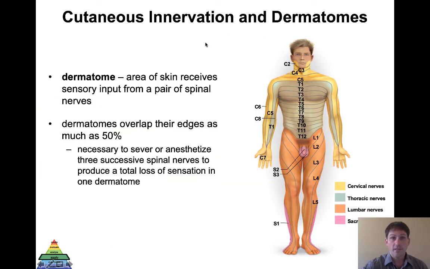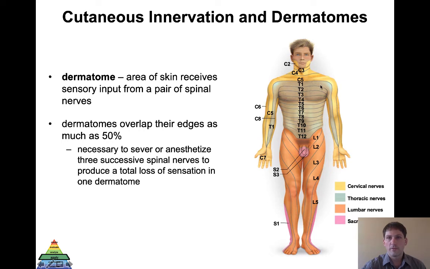Now if we look at the skin specifically, and we look at the innervation of our skin, we can see that the body is divided into what's called a dermatome, and these are areas of skin that are receiving sensory information from those spinal nerves. In the case of C5, we can see the region that is being innervated by the C5 spinal nerve.